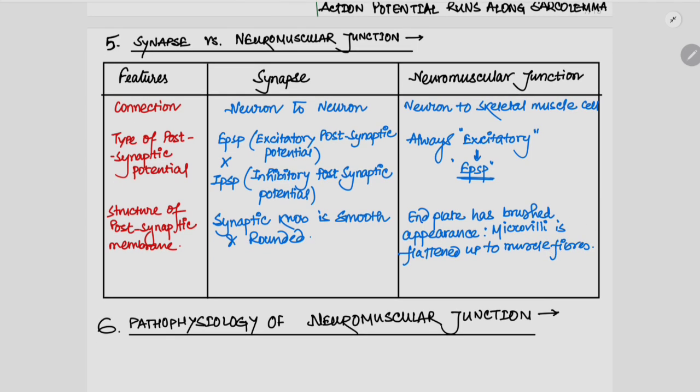And you all know that in neuron synapse, the gap between presynaptic neuron and postsynaptic neuron is known as the synaptic cleft. But in the neuromuscular junction, between the presynaptic neuron and the postsynaptic muscular membrane, it is known as the neuromuscular cleft.